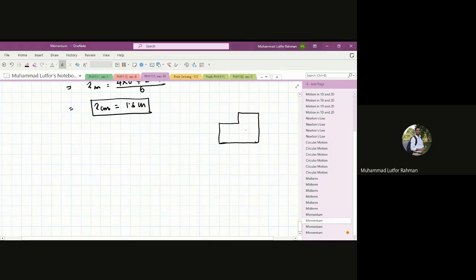Say it has different dimensions also, say different mass, or I can separate it. Say this is one, m1, and this is m2. It has some mass. And I am to find out what would be the center of mass of this system.